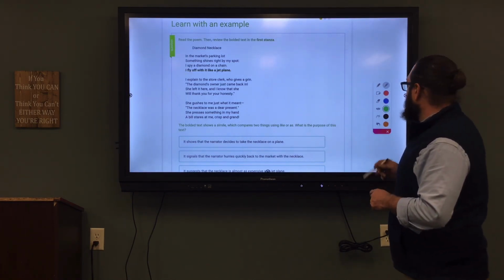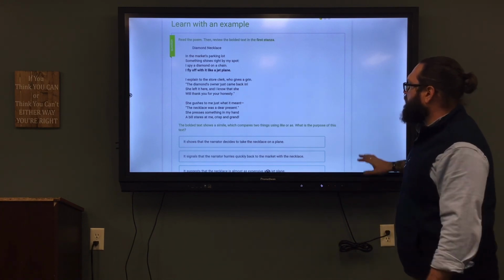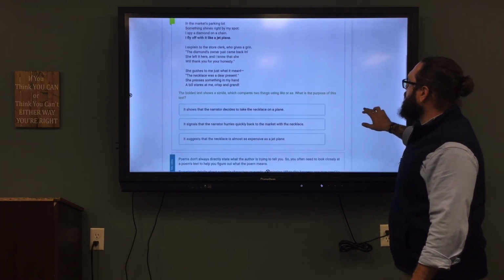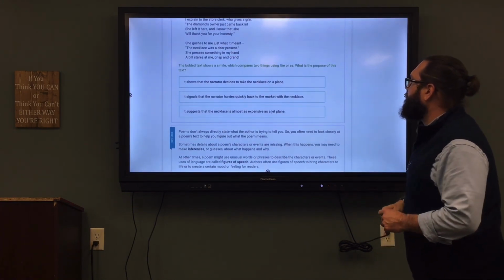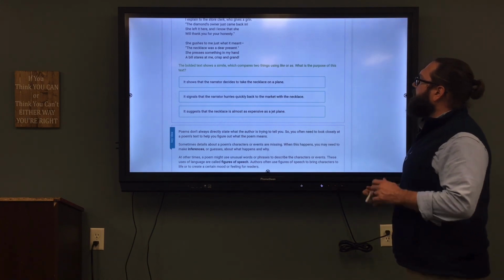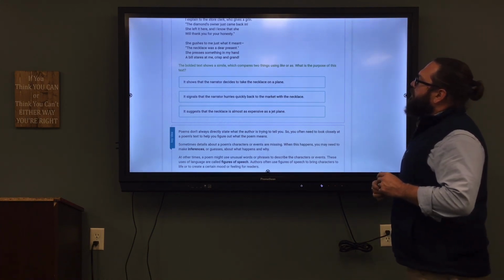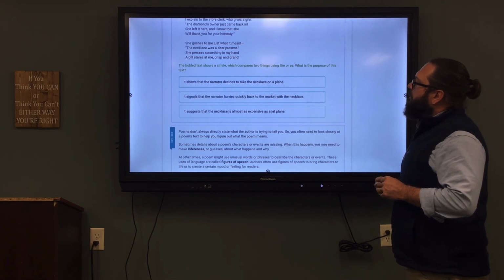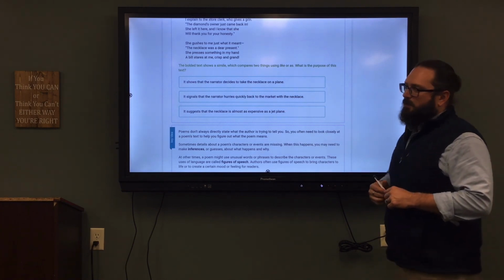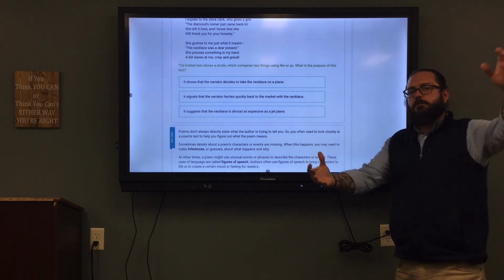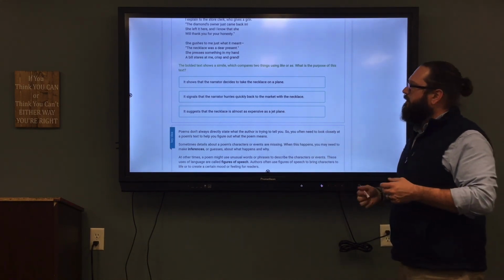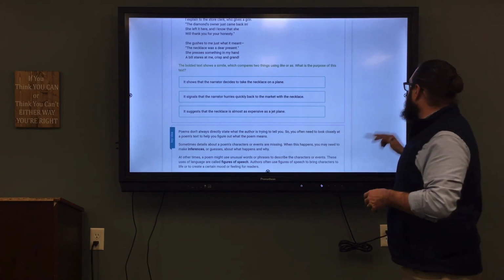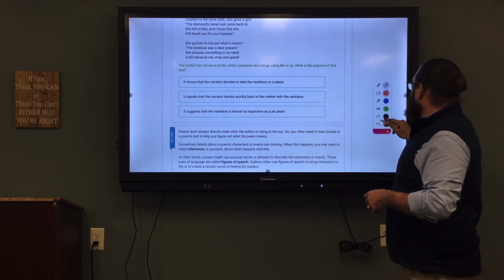So it says that the bolded text shows a simile which compares two things using like or as. What is the purpose of this text? So the first option, it shows that the narrator decides to take the necklace on a plane. Well, we've already established that the comparison that was made doesn't really have anything to do with getting on a plane, so we know that that is not a potential option.